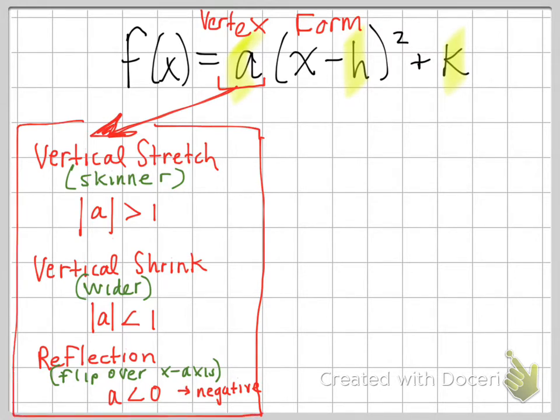So now let's think about H. Okay, and H ends up being what's called the horizontal shift. It moves the graph to the left or to the right.